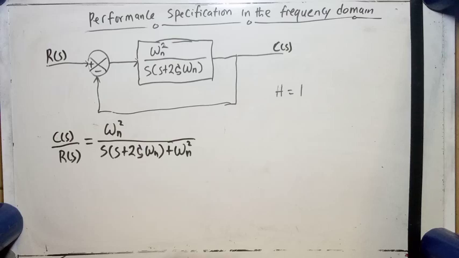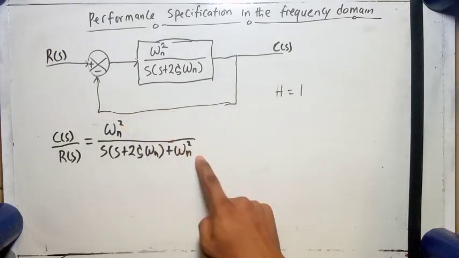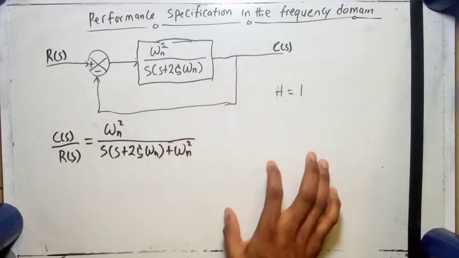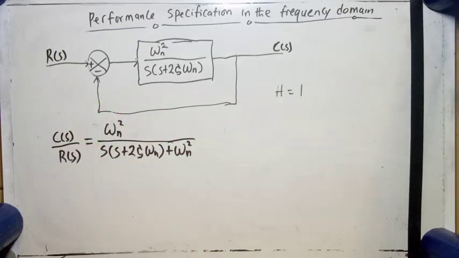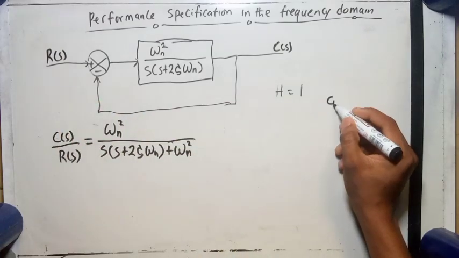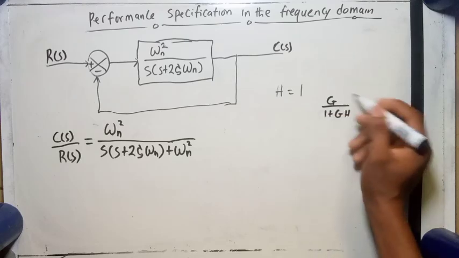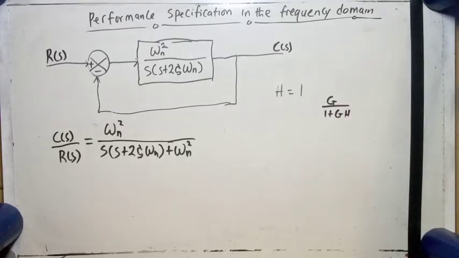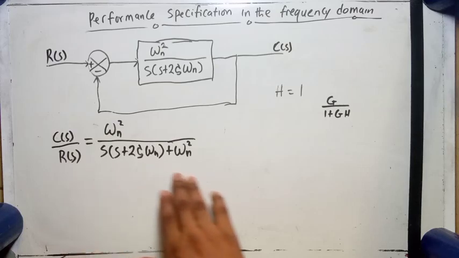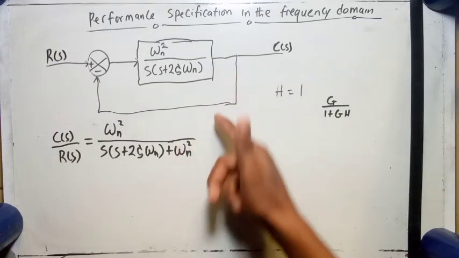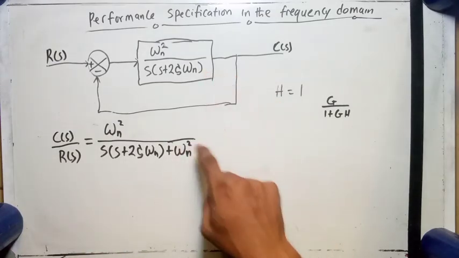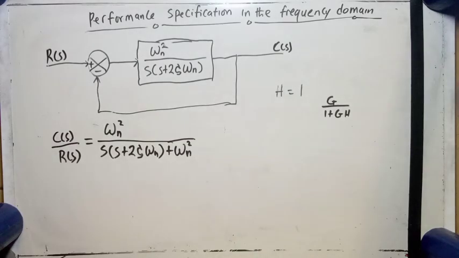What we just simply did is add our numerator to the denominator. That's all we did. If you try it using the normal formula, which is G over 1 plus GH, you still get the same answer, but it's more like a shortcut. So if we find the closed loop transfer function, this is what it will give us.